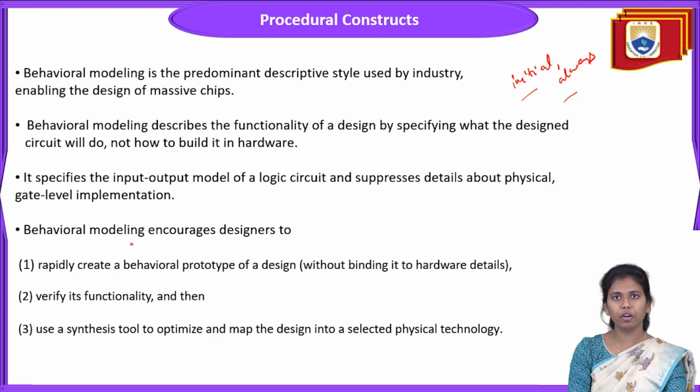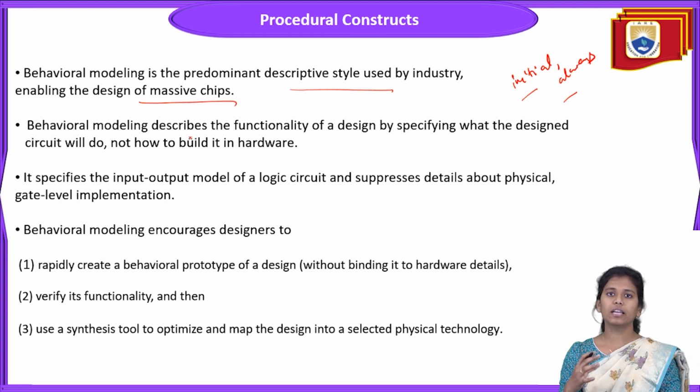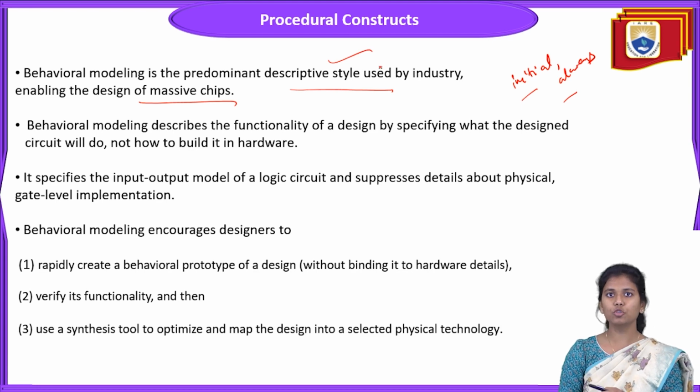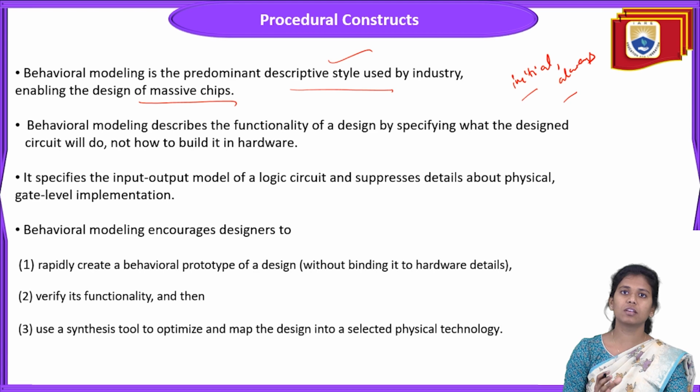Behavioral modeling is a predominant descriptive style used by industry, enabling the design of massive chips. So in order to design big chips, or construct complicated chips, most designers choose behavioral modeling, because it is a predominantly descriptive style used by industry to develop complicated chips.